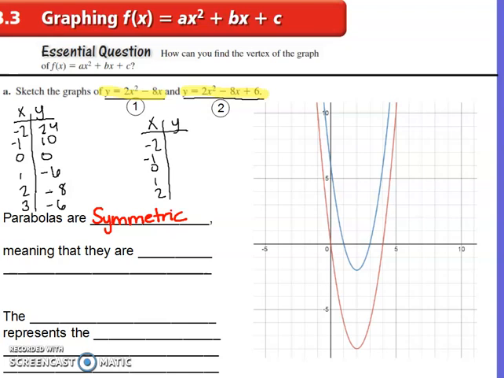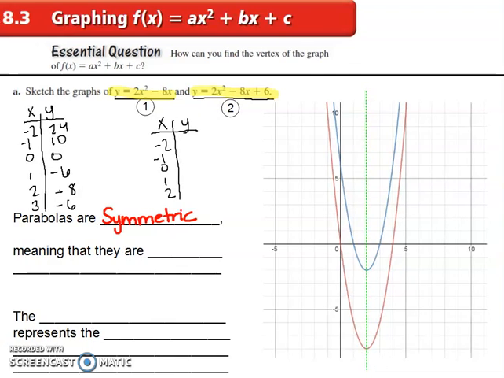So if I were to draw a line, I'll do it in green, down the center of these parabolas, they both have that same line. If I folded this entire graph over that green line, this left-hand side of my graph would fold and stamp exactly on to that right-hand side because my graph is symmetric.